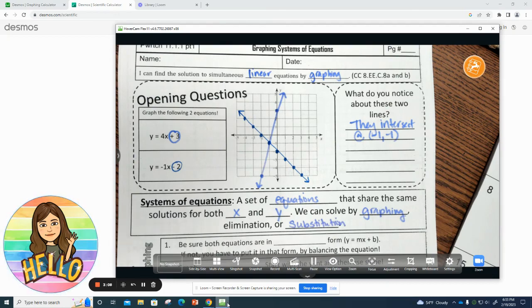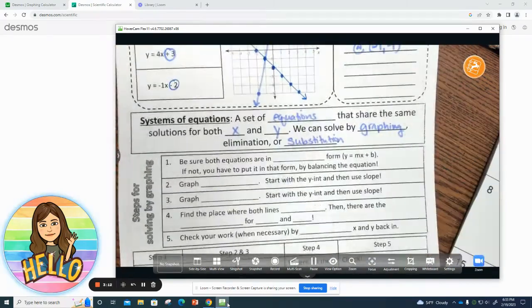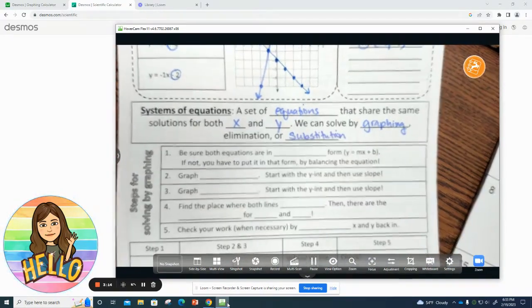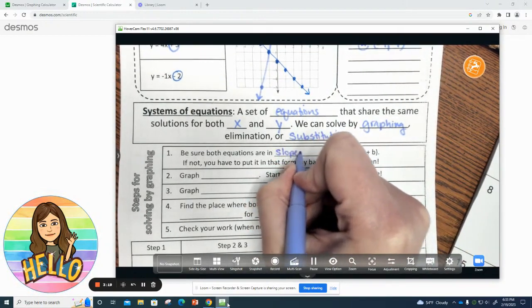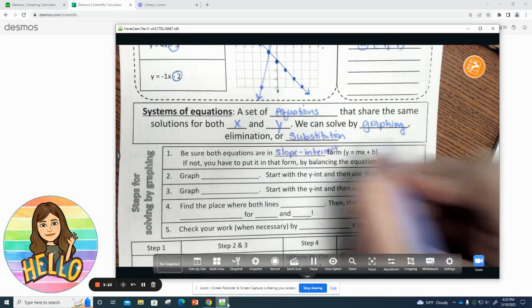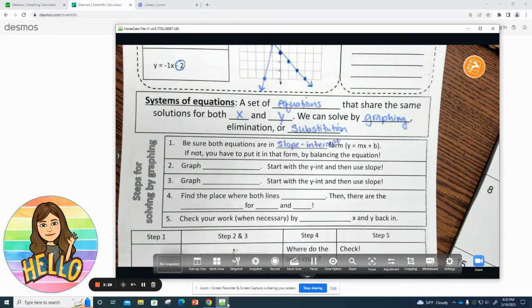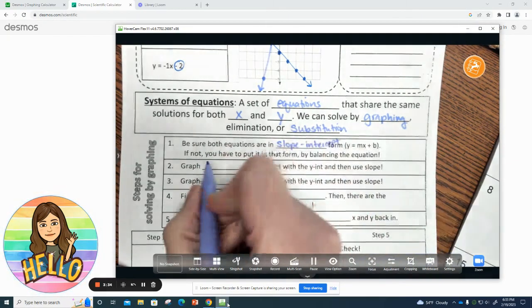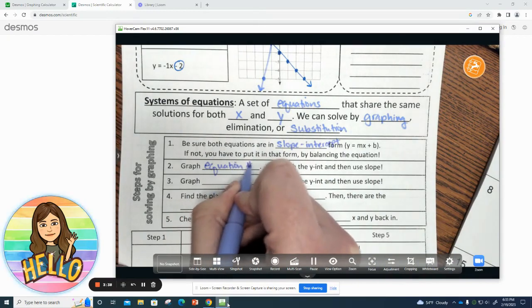Now, this sets up some nice little steps for us to follow. It says, be sure both equations are in slope-intercept form. And if not, you have to put them in that form by balancing the equation. We've talked about that in the past, and we'll look at it again. Then step 2 would be to graph equation number 1.